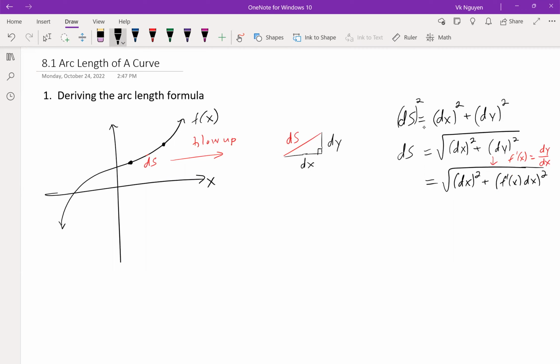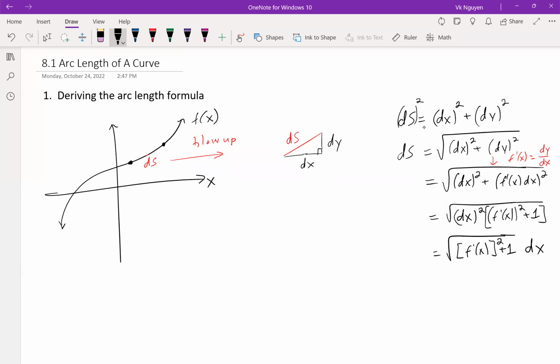And so we can factor the dx squared, which gives us f prime x squared plus 1. Then we can take the square root of dx squared, and that will give us the square root of f prime x squared plus 1 dx.